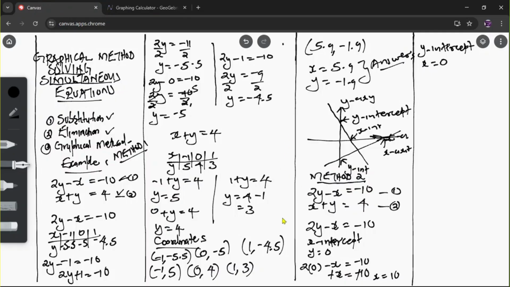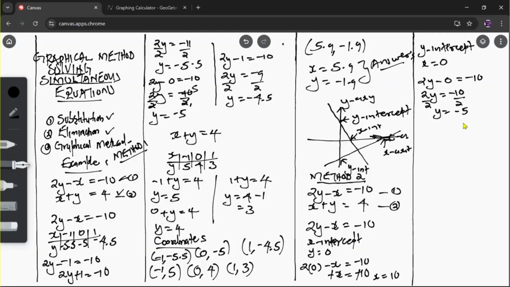So I'll come and put in the same equation: 2y minus 0 is equal to minus 10. I am putting in this first equation, so that I will have 2y is equal to minus 10. If I divide by 2, the value of y is minus 5. So this is where the line passes through.